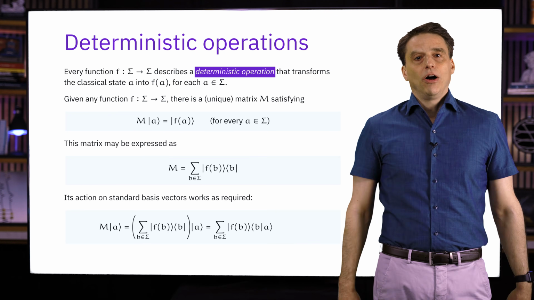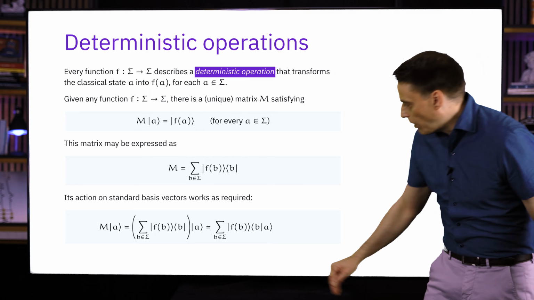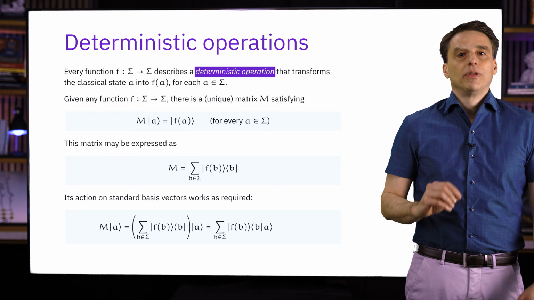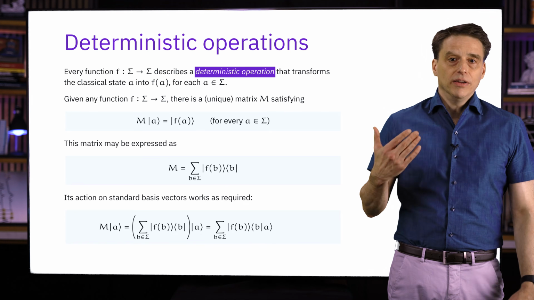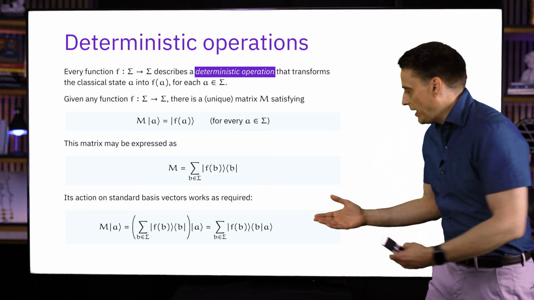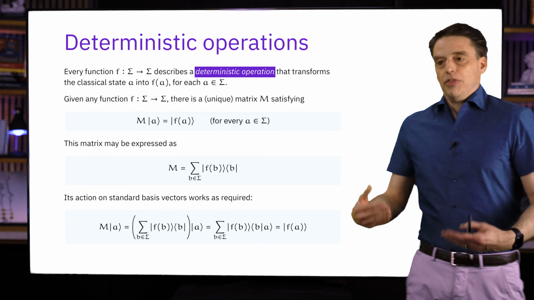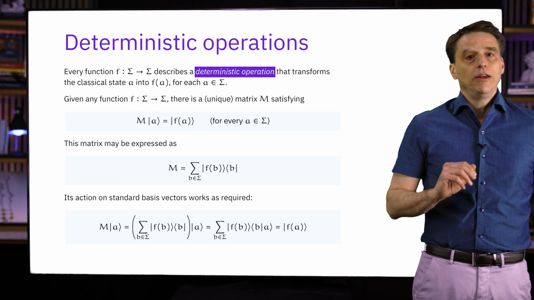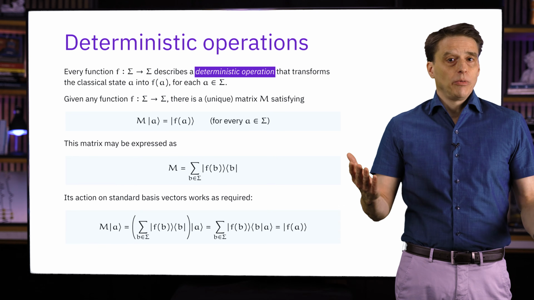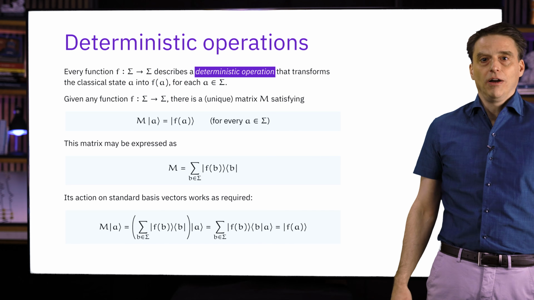And now, recalling that we have a fixed A that we're talking about, as we sum over all of the possible choices of B, this bracket right here is always going to be equal to 0 when B is not equal to A, so there won't be any contribution to the sum. And when B is equal to A, the bracket will be equal to 1, and so we'll be left with this one term right here. That's the formula we wanted, and so we have a very nice and simple way of expressing a function as a matrix.